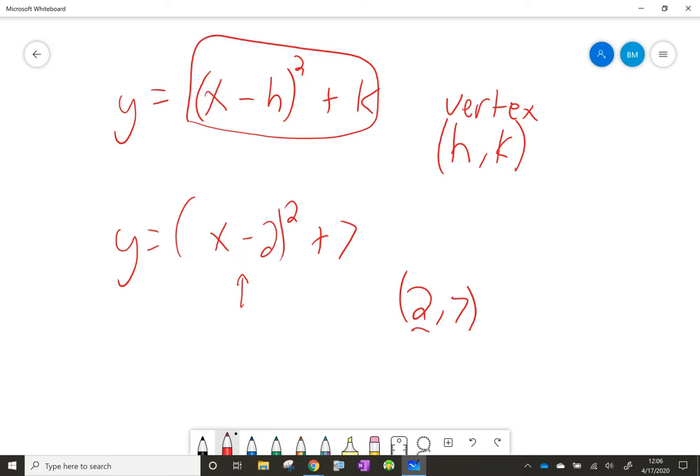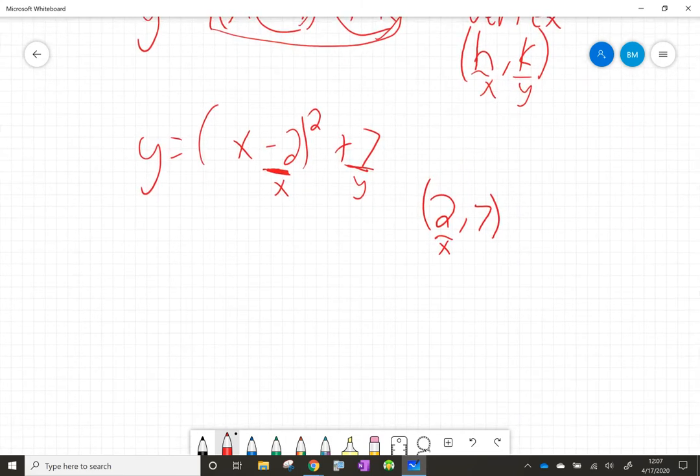That can get people mixed up a lot of times, because the h value is indeed the x value of the vertex, and the k value is the y value of the vertex. We're using h and k rather than x and y, but they still are. The h is still the x value of the vertex, the k is the y. But the h is opposite from how it looks. So when you see x minus 2, the minus 2 is really the x value being a positive 2 in the vertex. And the plus 7 is pretty straightforward. The plus 7 is the y value, and it is still positive as it is shown in the equation.